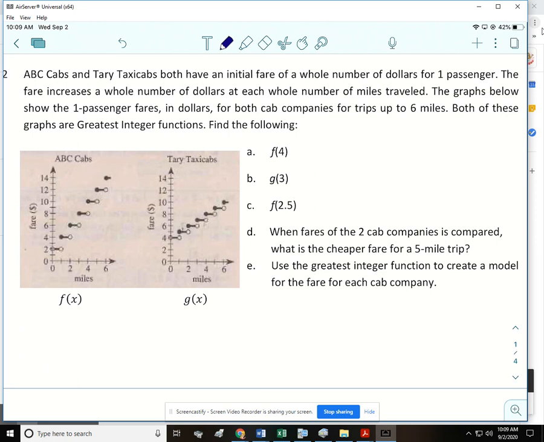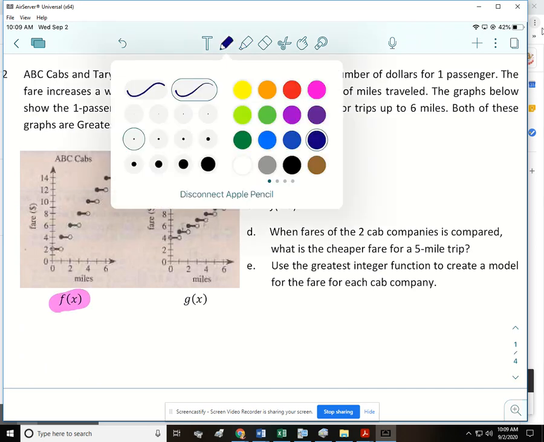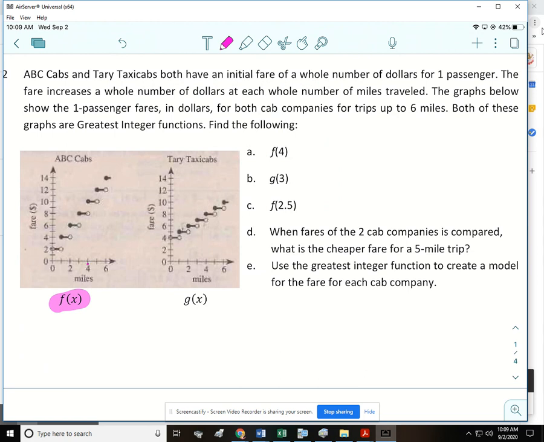So if I want to find f of 4, I go to the f function. X is 4 here. So I'm going to go up. Now, if there's a hole in the graph, that is not the value of the function at that point. So we have to go all the way to the solid circle or the solid line, and that's going to be 10 or $10.